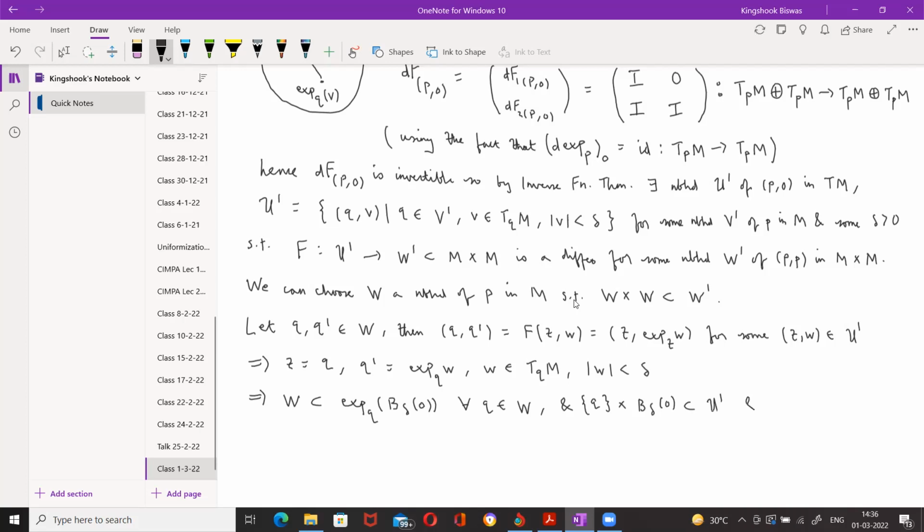And F restricted to this is a diffeomorphism onto its image because it's a restriction of a diffeomorphism.